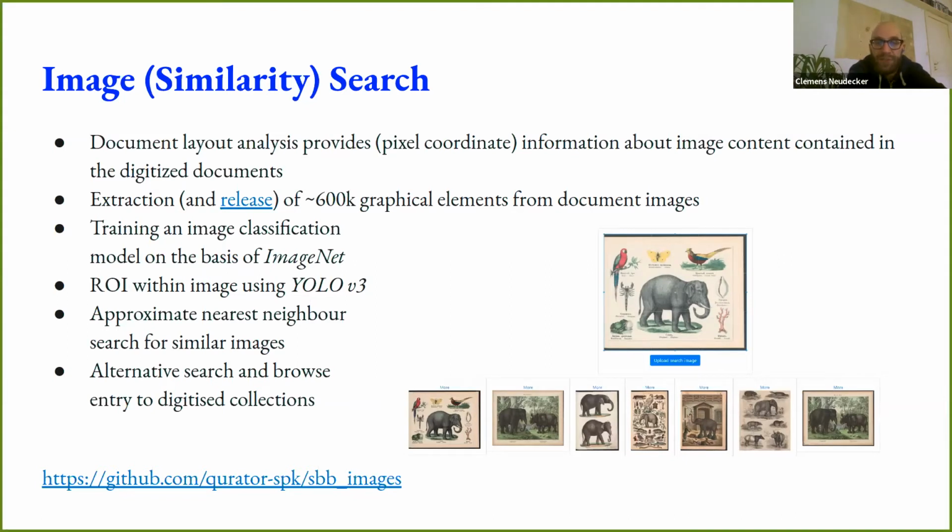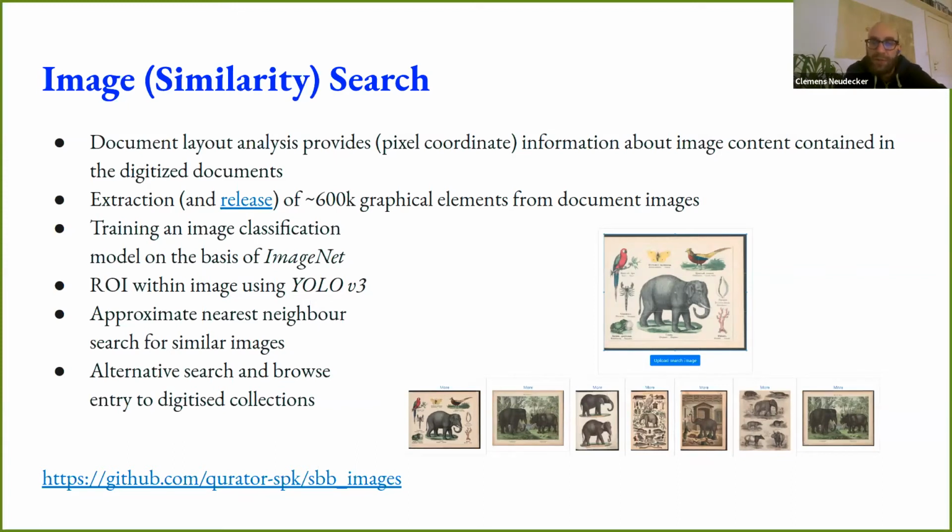So, for example, you see here in this image, you can upload this document with the elephant, and then the system will retrieve images with similar content on them. We also implemented here an additional object detection step using the YOLO implementation, which then allows us to select a region of interest within the image.